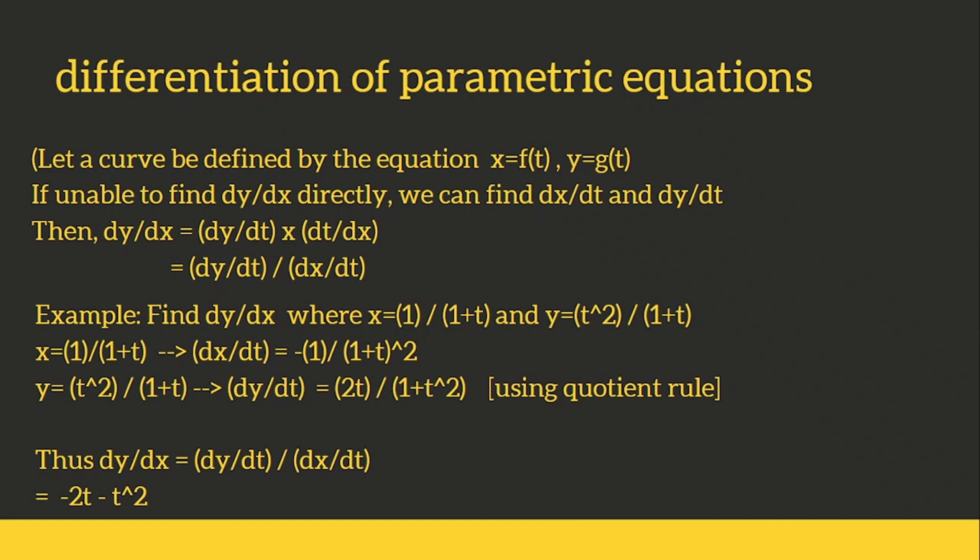Then our denominator, we just increase the power. So now it's squared. Then likewise, for y equal t squared over 1 plus t, we will differentiate to get 2t over (1 plus t) squared. How we get this will be using quotient rule. So finally, dy/dx is just equal to dy/dt divided by dx/dt, which in this case will be minus 2t minus t squared.